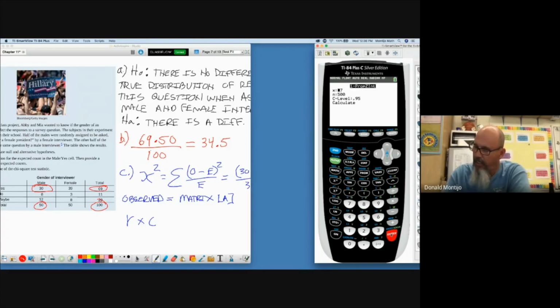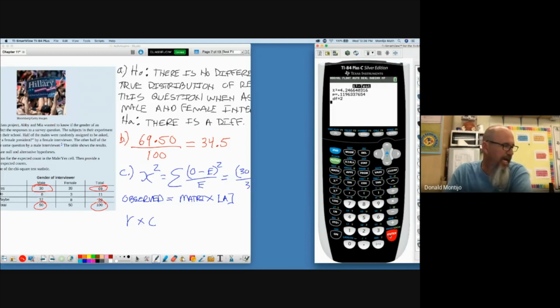Whoops, that's not chi-squared test. So stat test, I'm going to arrow up because it's shorter, to chi-squared test. And yes, my observed are in matrix A. And then I'm going to tell the calculator to calculate it. Huh, it did everything for us.